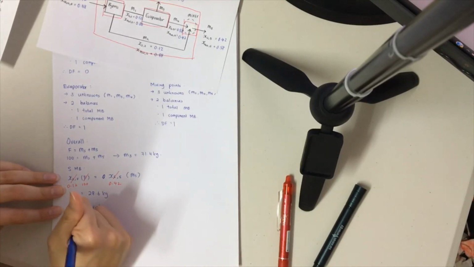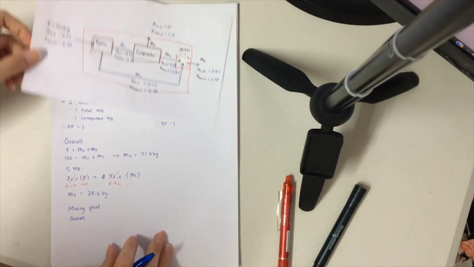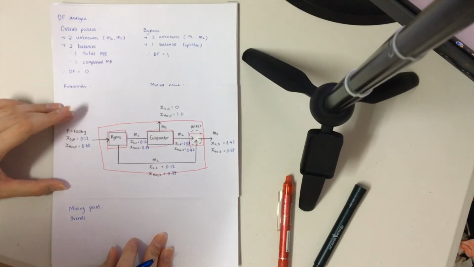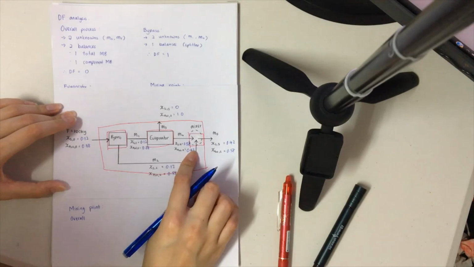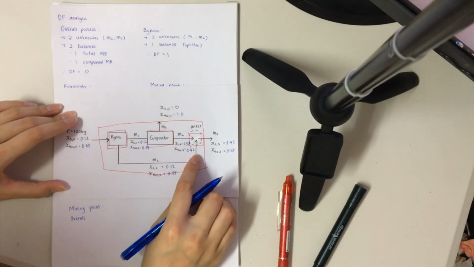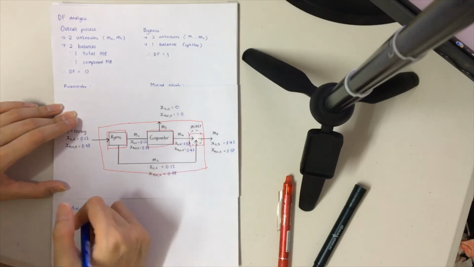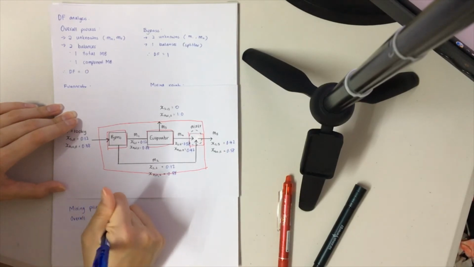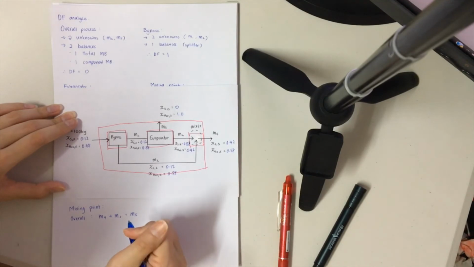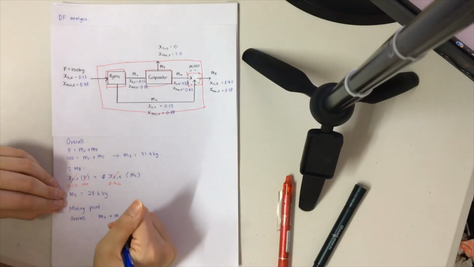For the mixing point, M4 plus M2 should equal M5. So we have M5, but we don't have M4.